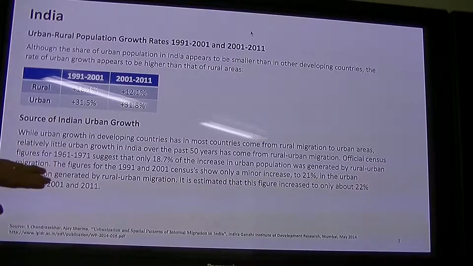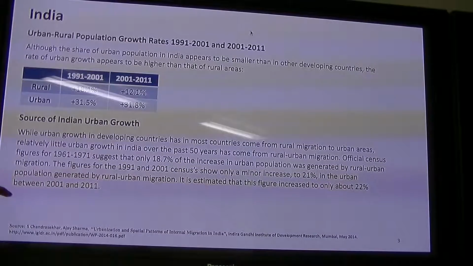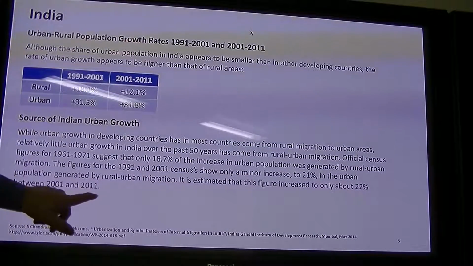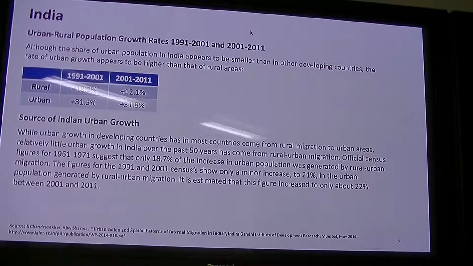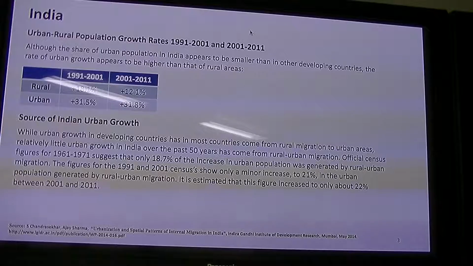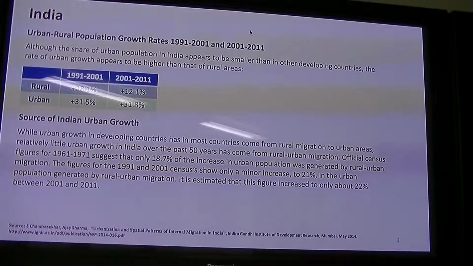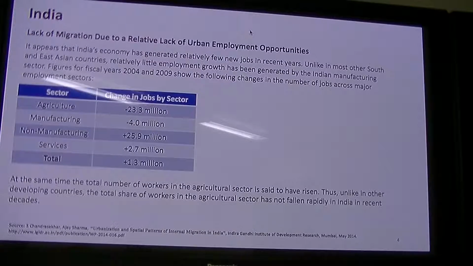As it shows here, over a 40-year period, there was relatively little change, and even between 2001 and 2011, only about 22% of population growth in urban areas was generated by migration. So even now, there's still a relatively small amount of migration. Now, we may start to see that kind of change, and if we do, this country is going to change dramatically.